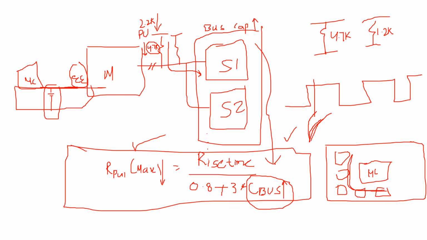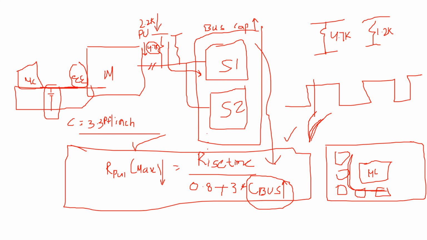For example, for a 50 ohm impedance trace on a PCB, you have around 3.3 pF per inch.